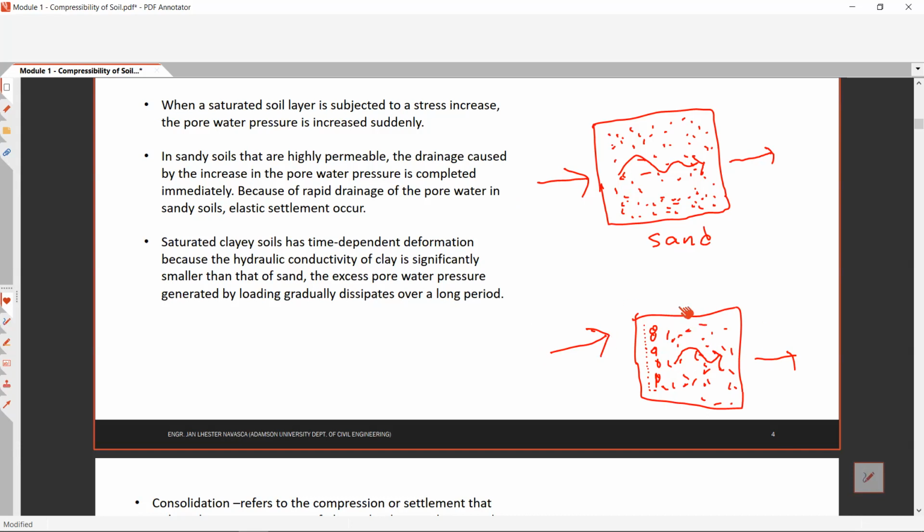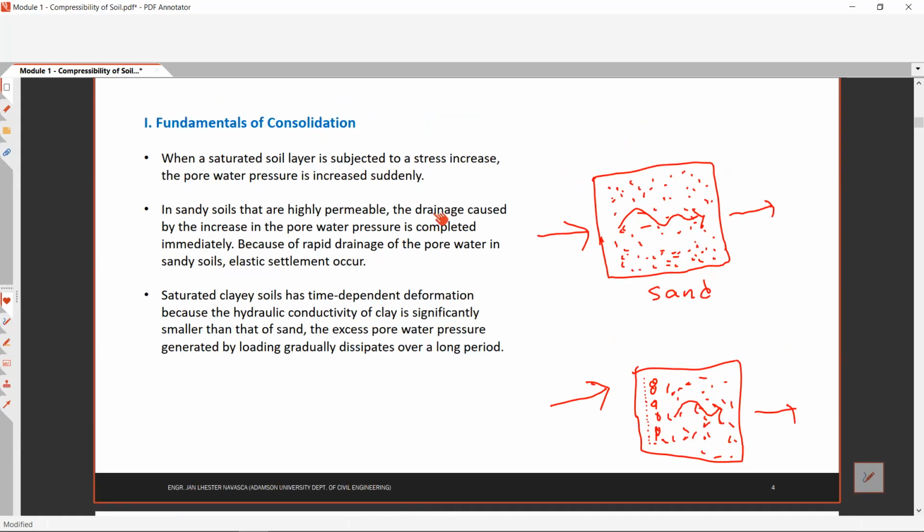So in the case of saturated clay, the excess pore water pressure generated by that loading, by that stress increase, gradually dissipates over a long period of time. So medyo matagal mag-dissipate yung excess pore water pressure, because dun sa clay soil, yung hydraulic conductivity niya compared to sand is much smaller.